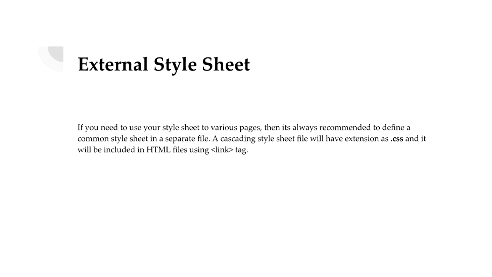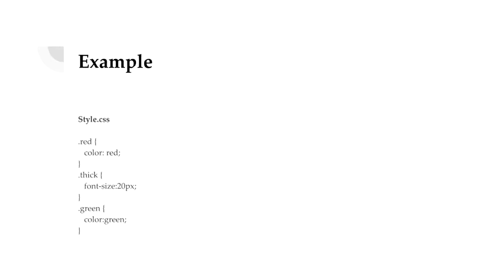An external style sheet can be written in any text editor and must be saved with the CSS extension. The external CSS file should not contain any HTML tags. Here in this example, you can see how the style.css file looks like.